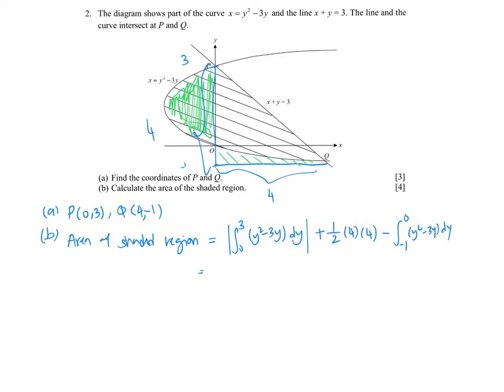Alright, so with that, let's continue our integration. We have this to be y cubed over 3 minus 3y squared over 2, from 0 to 3, plus 8 minus the same integration.